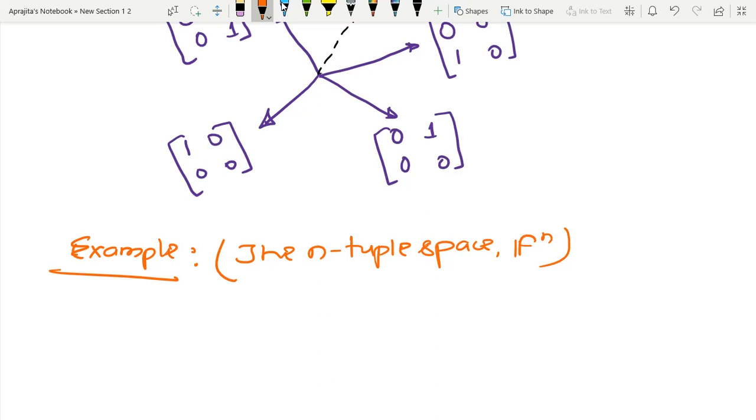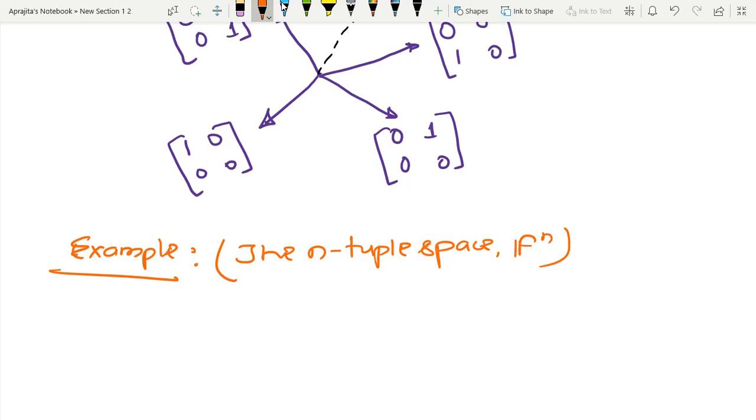So in order to generate the n-tuple space, if you are moving beyond real numbers and complex numbers, the first step is to please check that whatever underlying field you take will satisfy the axioms of a field.